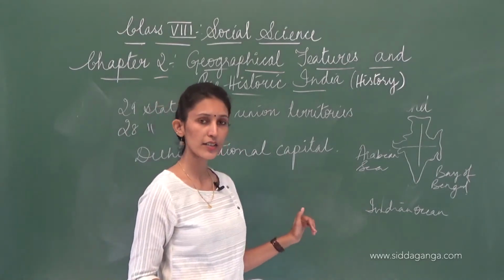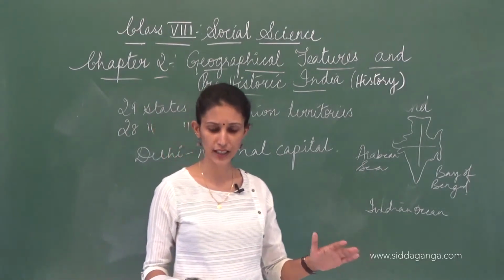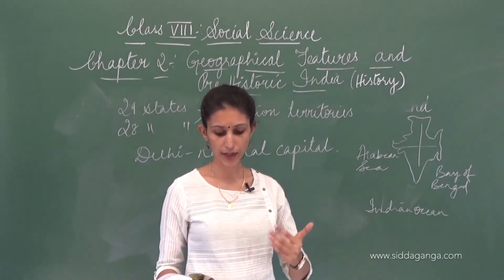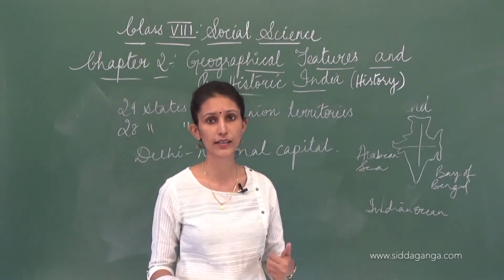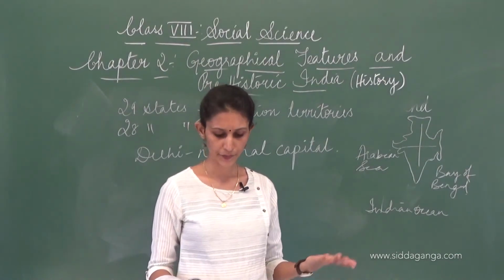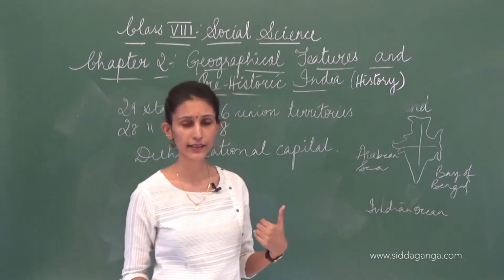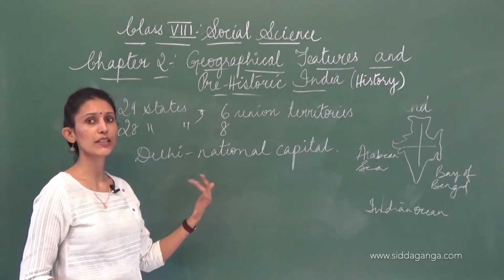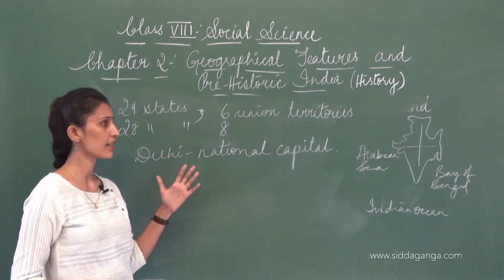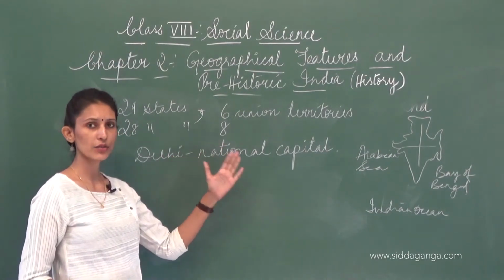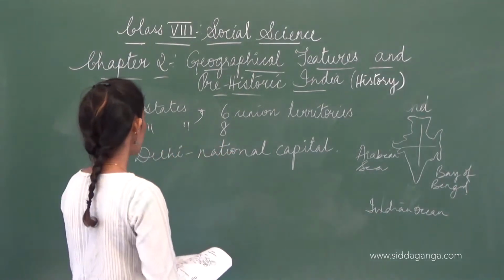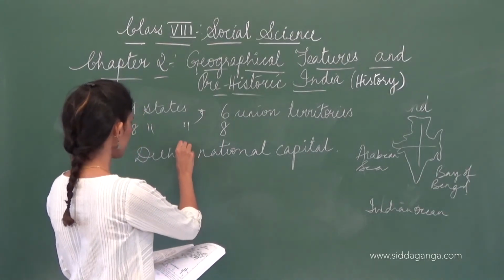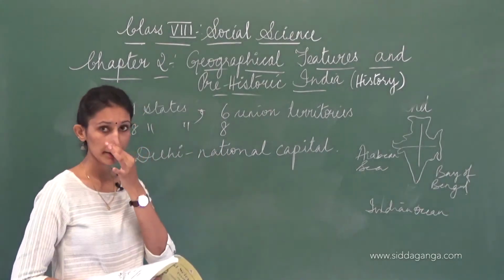Now India is sharing its borders with China, Nepal, Bhutan, Bangladesh, Pakistan, Afghanistan and Myanmar. It had 29 states and 6 union territories, but it has 28 states and 8 union territories. And Delhi is the national capital.